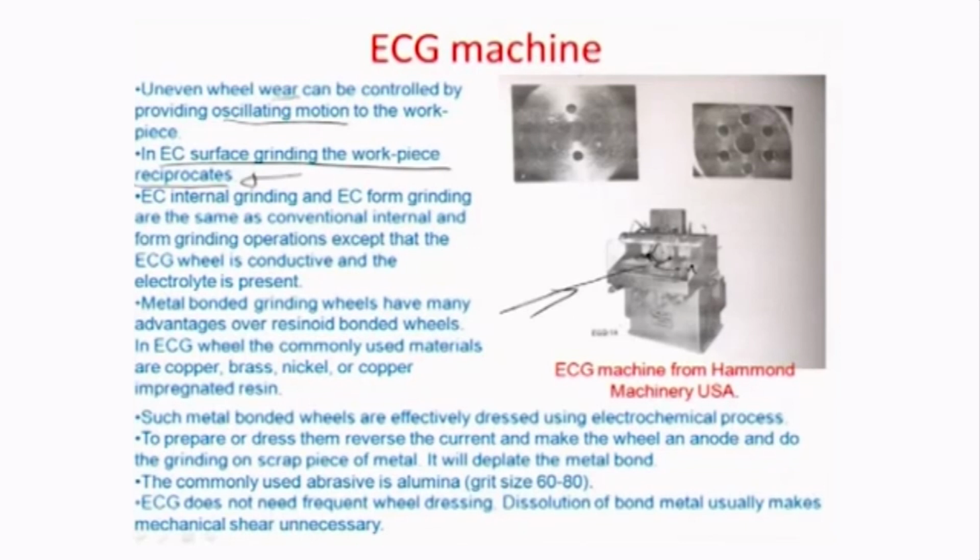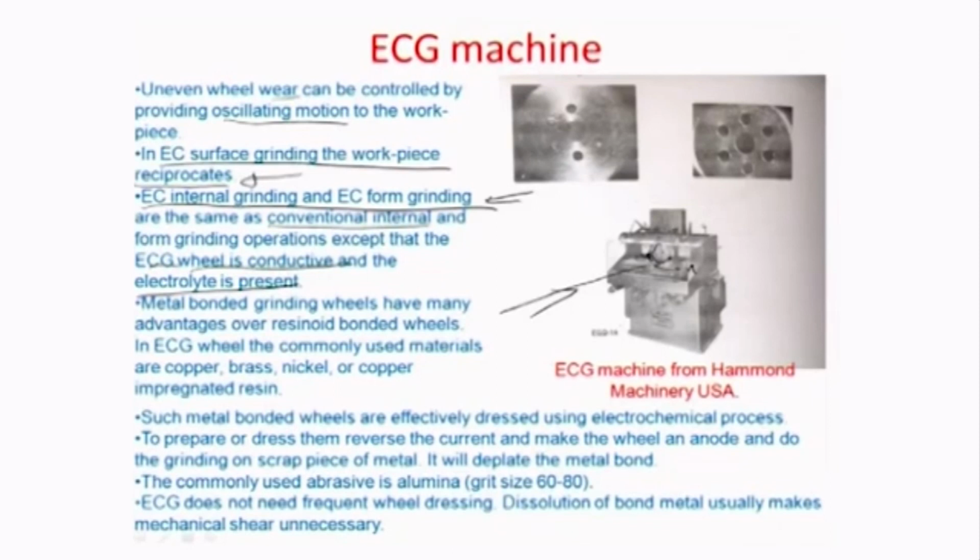So in the ECG internal grinding and form grinding, the basic concept is the same as the conventional internal and form grinding operations. The only thing is that you are using a conducting ECG wheel and electrolyte. Okay, so the material removal mechanism has connotations which have been already discussed.